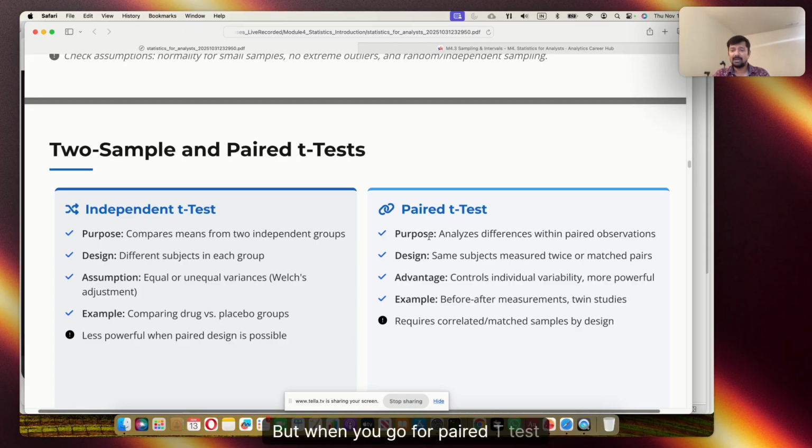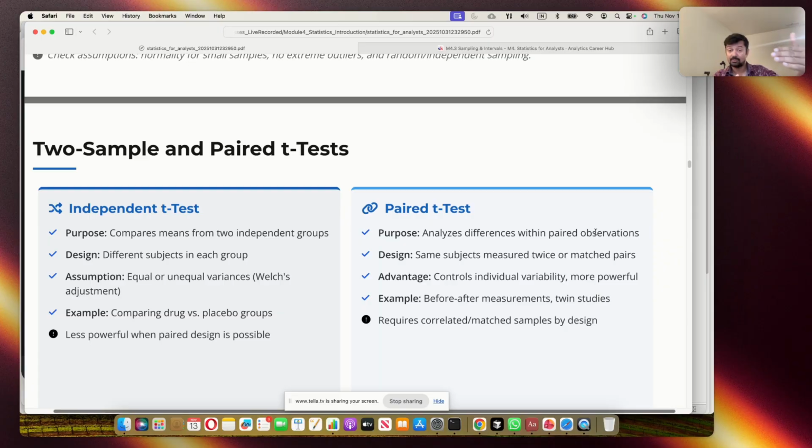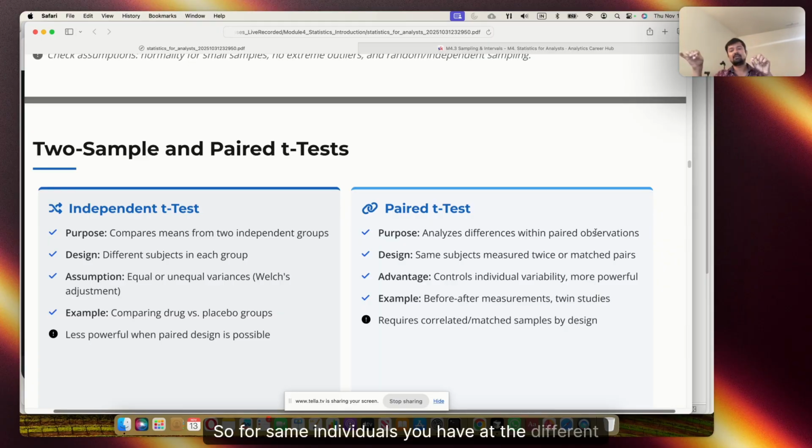But when you go for the paired t-test, the purpose is the differences between paired observations. Paired observations can be anything, like observations from individuals at different times, in a timely manner. You are collecting multiple samples from a single individual, or the same for multiple individuals, so for the same individuals you have different time points.